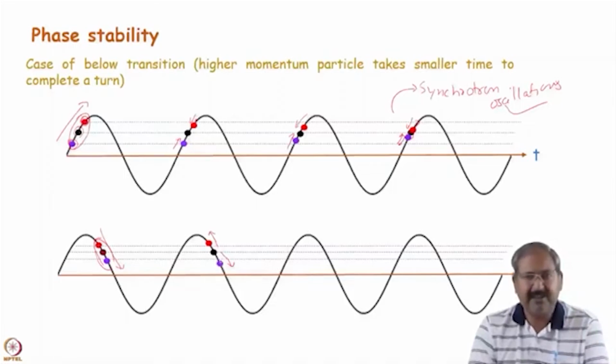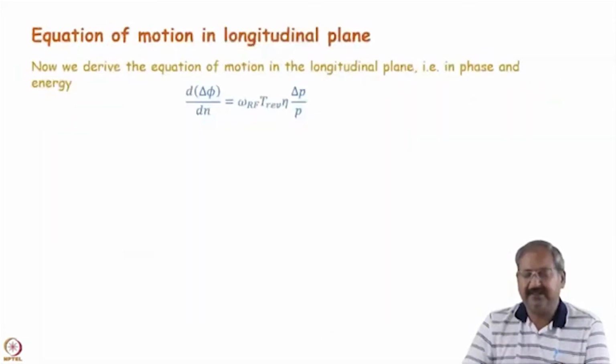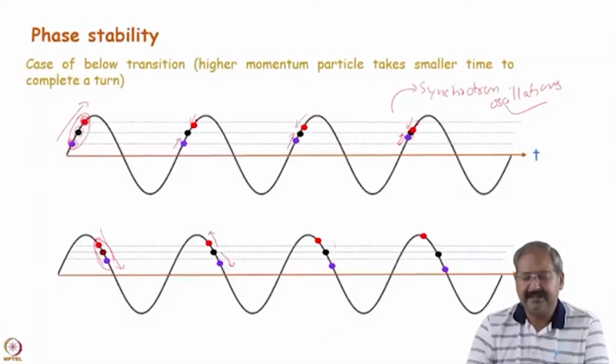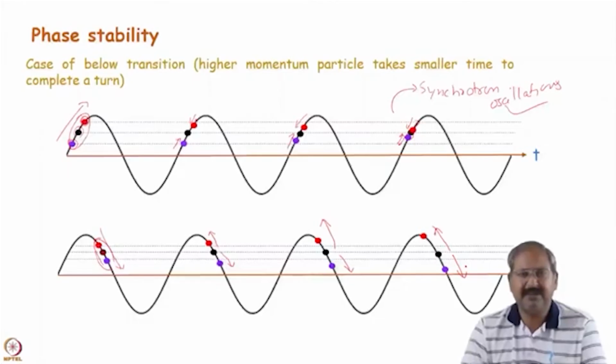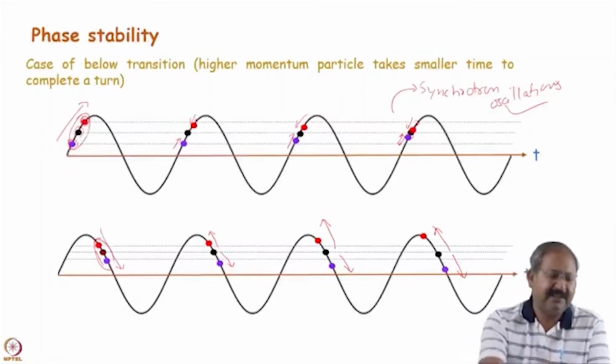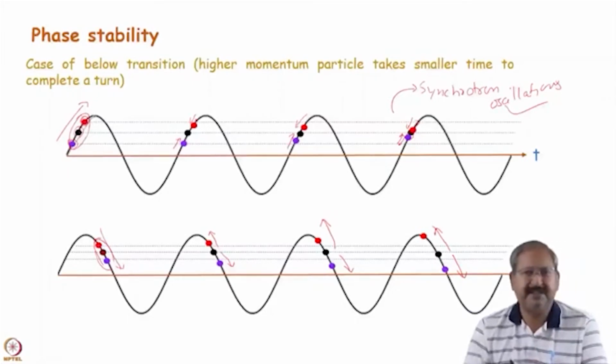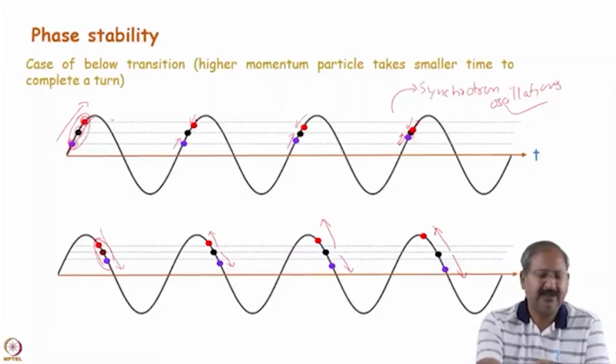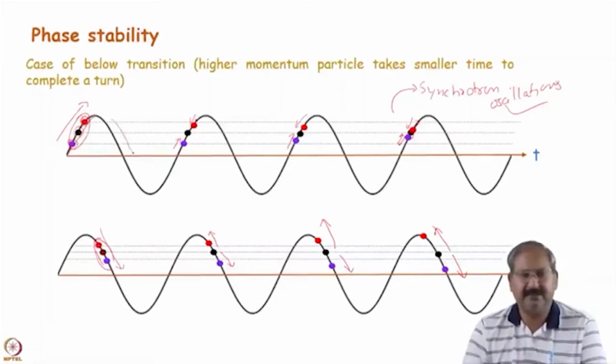And this gap will increase subsequently turn by turn. So this gap has increased. This means it is a defocusing phenomenon and the motion is not stable. So we have seen that if the machine is operating below transition, then the rising edge of the RF provides stable motion while the falling edge provides unstable oscillations.